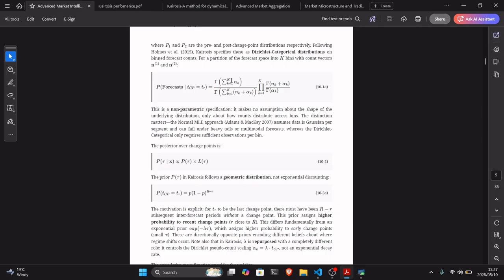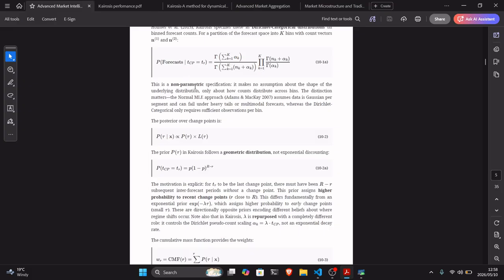I'm assuming you already know what that is if you've taken any high level course on calculus, but whatever. The gamma function of the sum of alpha_k, where k indexes from 1 up until K, over the gamma function of the sum of n_k plus alpha_k, where k indexes from 1 up until K, times the product of the gamma of n_k plus alpha_k over gamma of alpha_k, where k indexes from 1 up until K.